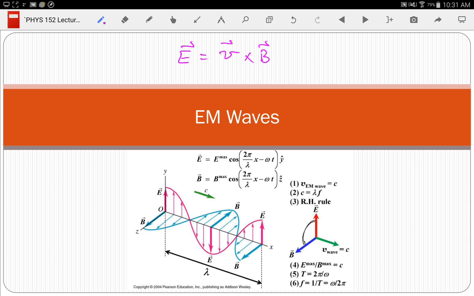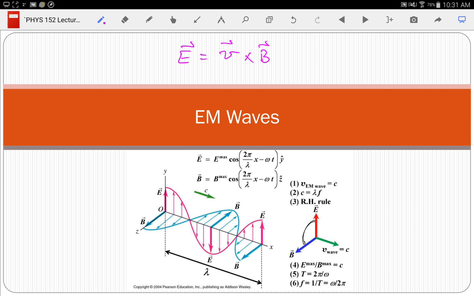Everything's perpendicular. So in our picture down here, we have an electromagnetic wave that's going to your right. And so if the velocity is to your right, the electric and magnetic fields have to be perpendicular to your right, so they have to be in the up, down, or in and out directions. And they have to be mutually perpendicular.